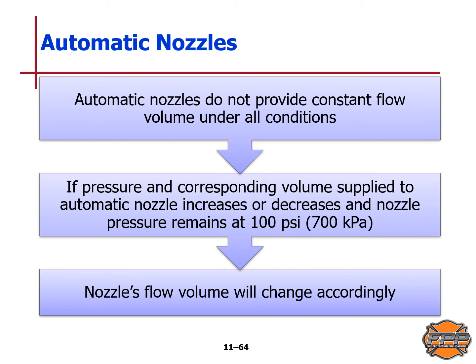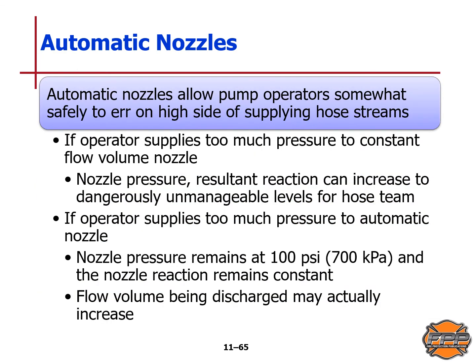Automatic nozzles do not provide constant flow volume under all conditions. If pressure and corresponding volume supplied to the automatic nozzle increases or decreases and the nozzle pressure remains at 100 psi or 700 kilopascals, the nozzle's flow volume will change accordingly. Automatic nozzles allow pump operators some safety to err on the high side of supplying hose streams.